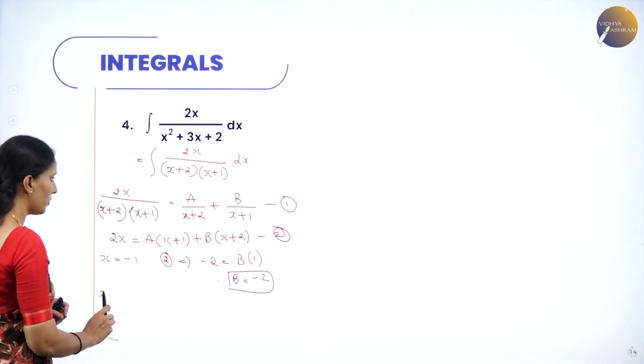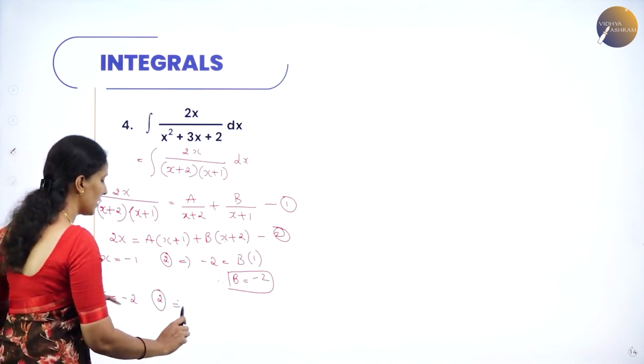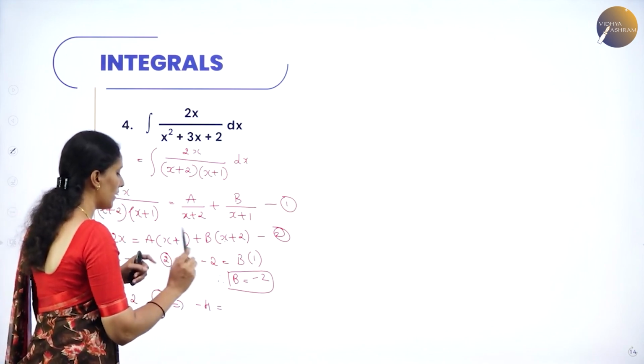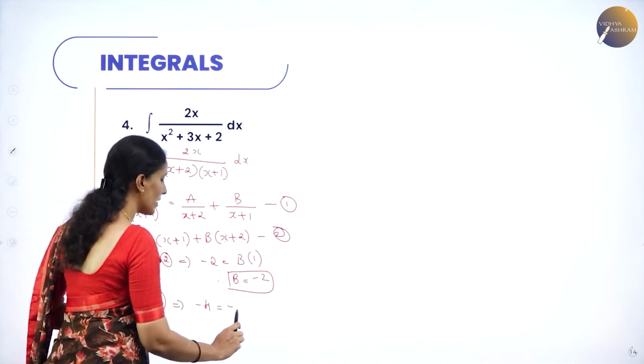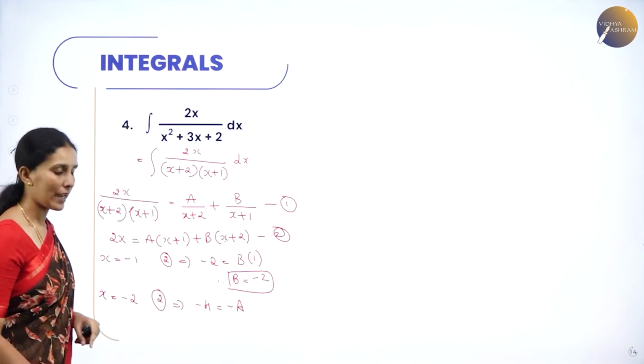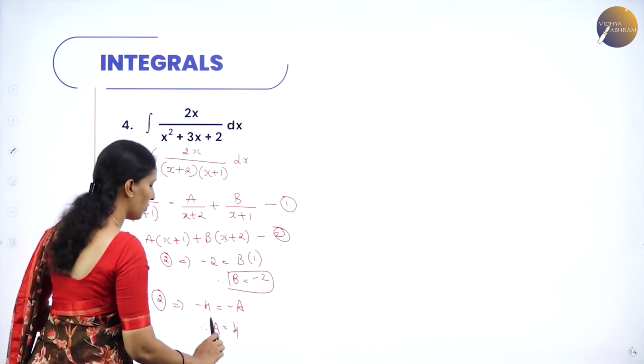Now similarly if you put x is equal to minus 2, then equation 2 implies minus 2 into 2 is minus 4, and minus 2 plus 1 is minus 1, so a becomes minus a. Minus 2 plus 2 cancels, so therefore the second term is absent. So therefore we can take the value of a is equal to 4.